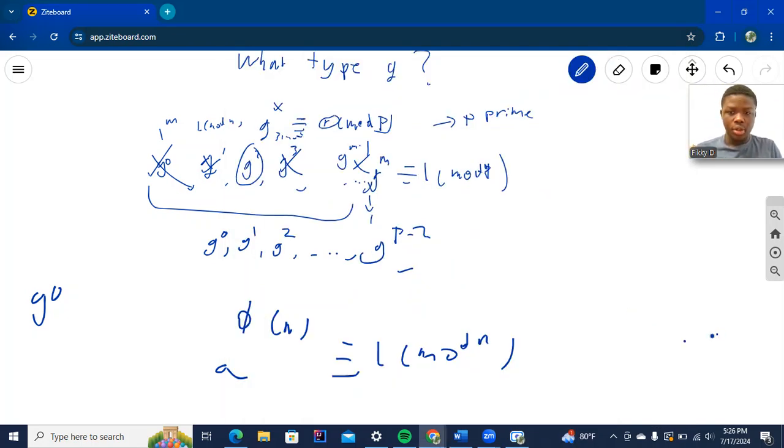So we would reach 1 again when we get to phi of n. And because we want to make phi of n as big as possible, like I said before, we want m as big as possible, so we could use a prime number and it would make it as big as possible. That's why you'd also want to use a prime number.